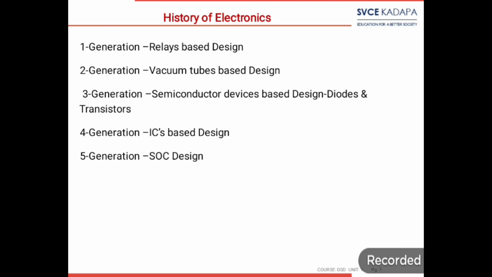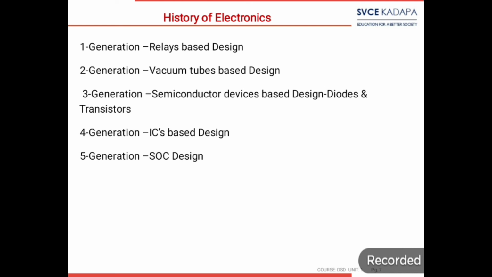Even though semiconductors play the major role, you still have to improve the electronic device. Then you can go for the fourth generation, which is IC based designs. All our components are integrated into a single chip, that is called IC based. The size of electronics tremendously reduced.